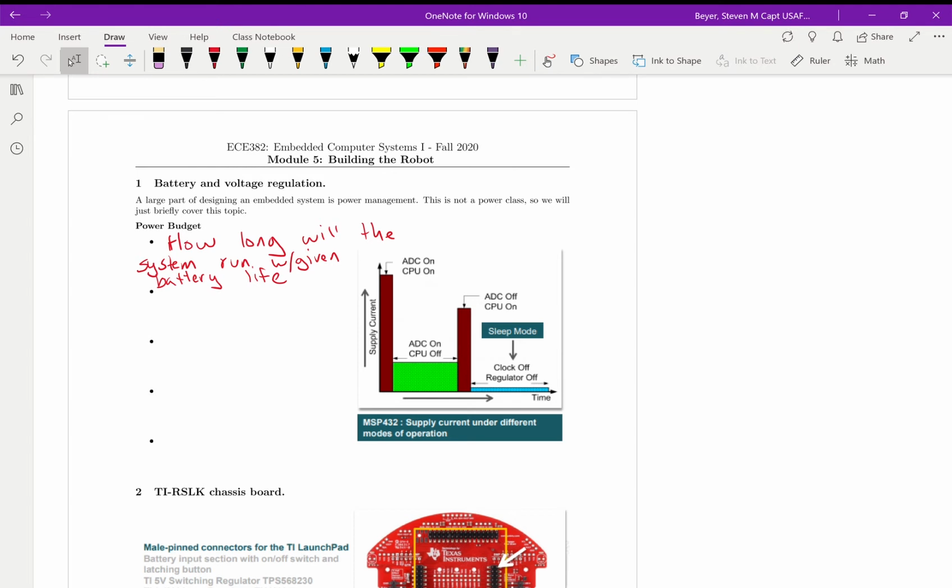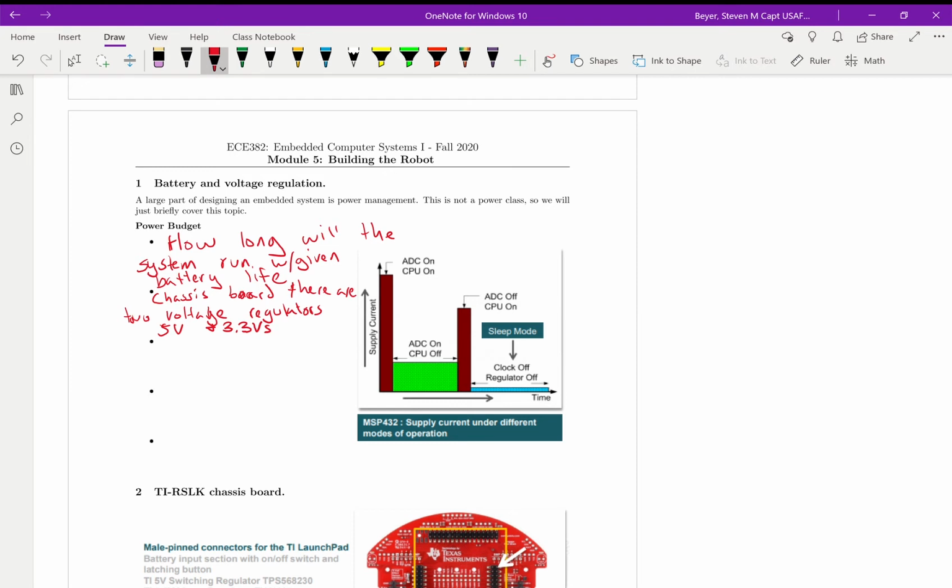So on the chassis board, there are two voltage regulators. One provides 5 volts, and the other provides 3.3 volts. And these regulators provide the constant voltage to the MSP432 and other components as well.